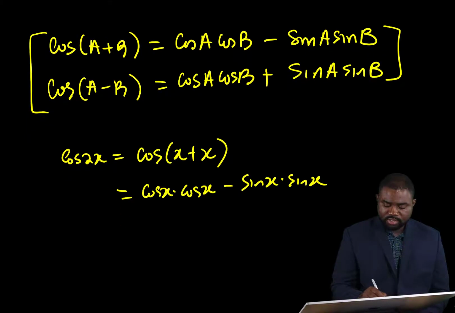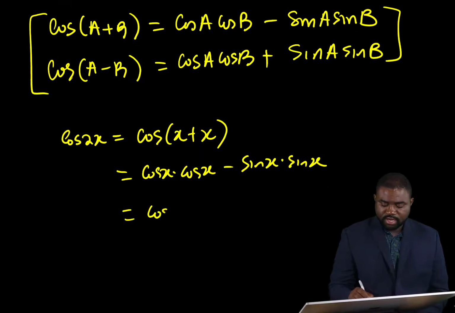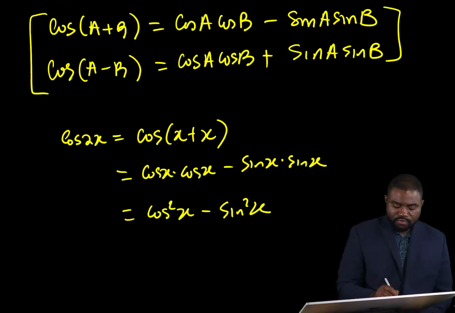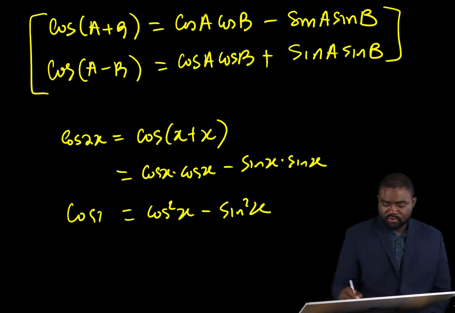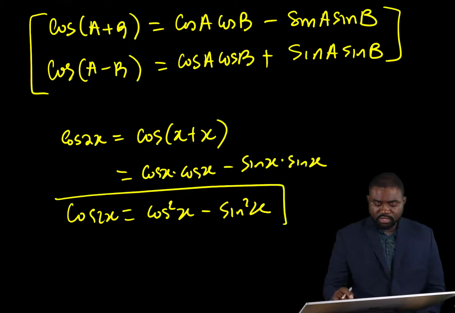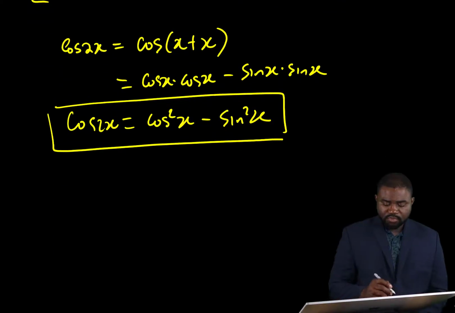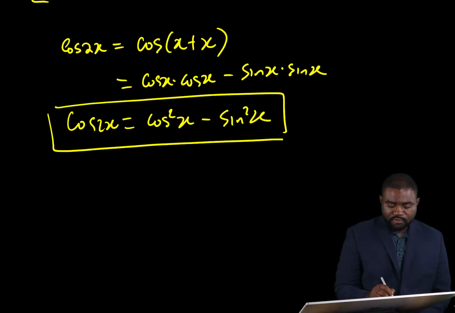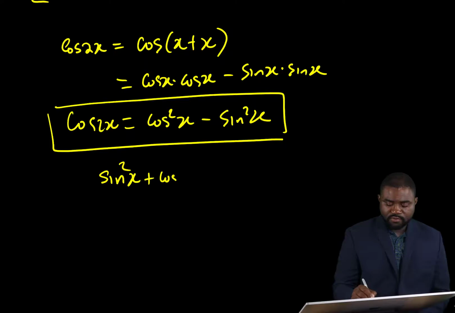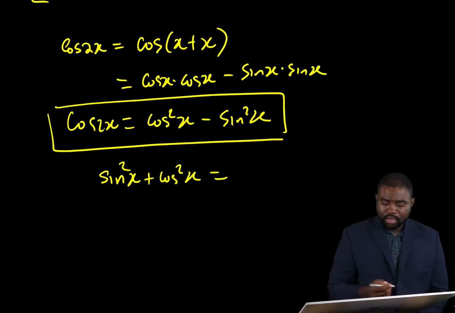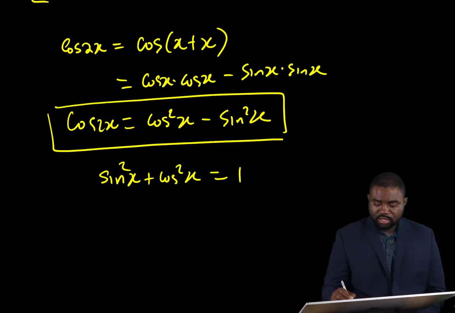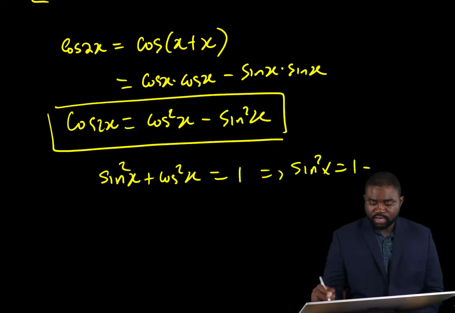This is the same as cosine square x minus sine square x. So this gives us cosine 2x, which is actually a little bit different from sine 2x. But remember that sine square x plus cosine square x is equal to 1. That would mean that sine square x is equal to 1 minus cosine square x.